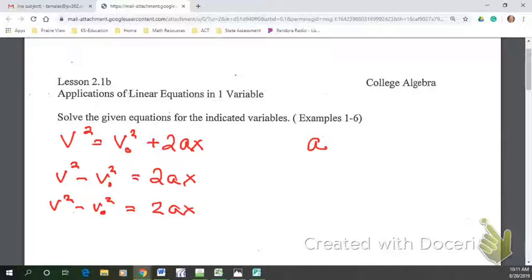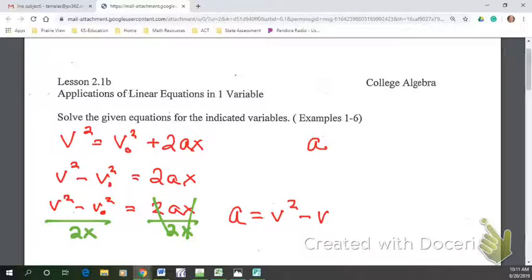And I'm going to take everything and divide by 2x, because I'm trying to get the a by itself. So instead of doing it 3 times, I'm just going to do it once over here. And so now the 2's cancel, and the x's cancel, and now I do have the a by itself. So a will equal v squared minus v naught squared all over 2x.